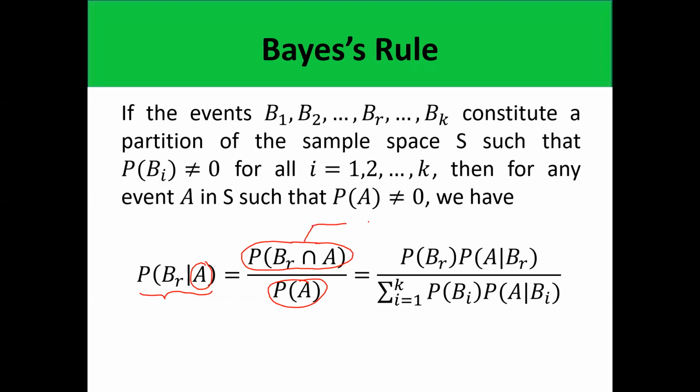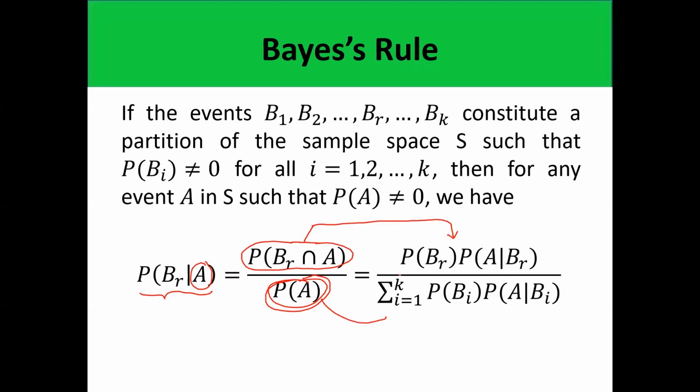Using the multiplicative rule that you learned in the previous video, this will be the probability of B sub r multiplied by the probability of A given B sub r, divided by P of A, which is equal to the summation of P of B sub i times P of A given B sub i.